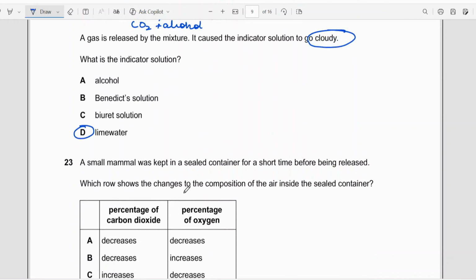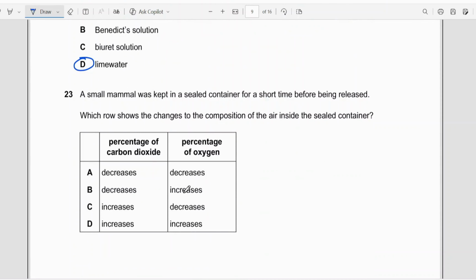A small mammal was kept in a sealed container. What would be the changes to the composition of air inside the sealed container? Carbon dioxide increases and oxygen decreases.